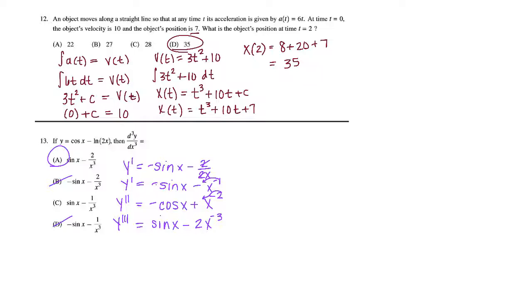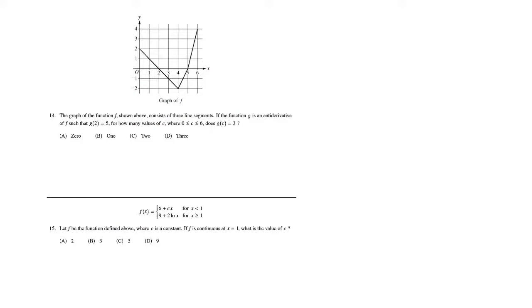All right, question 14 is a very tough question, but we're going to see if we can't get through it. And so we're given the graph of f, and we're told that g is an antiderivative of f, such that g at 2 is 5, and we have to figure out how many values of c exist such that g at c is 3.